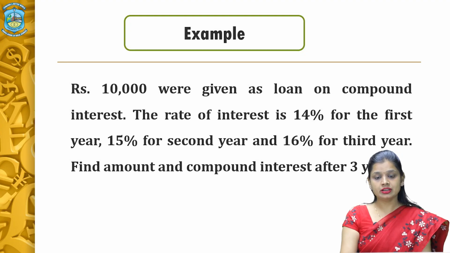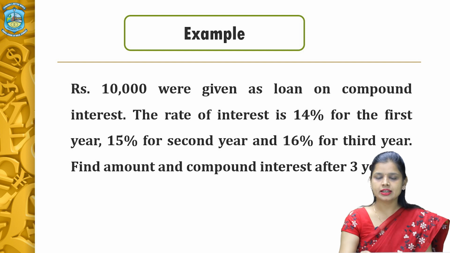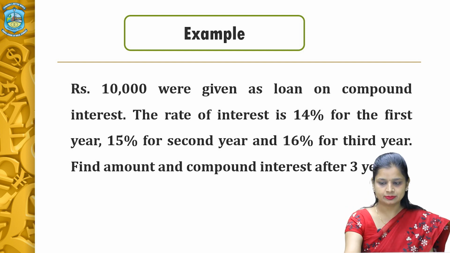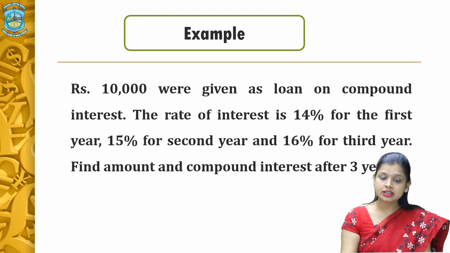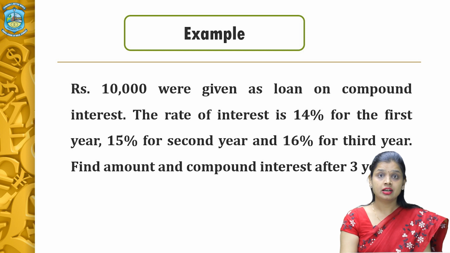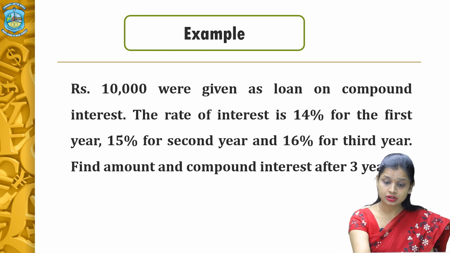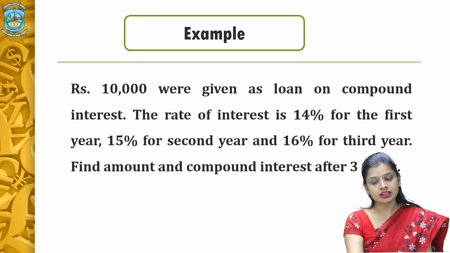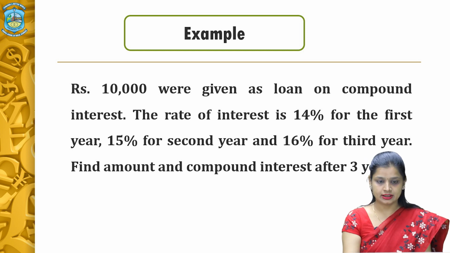Rupees 10,000 were given as a loan on compound interest. The rate of interest is 14% for the first year, 15% for the second year and 16% for the third year. We have to find the amount and compound interest after 3 years.